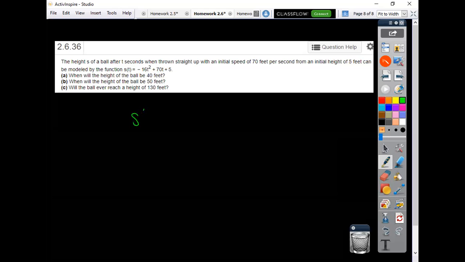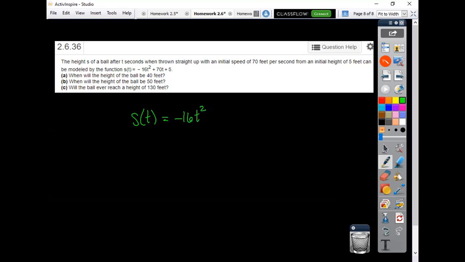So the height of the ball is given by that equation, thrown straight up from an initial height of 5. When will the height of the ball be at 40? That's just saying, when will this equal 40?